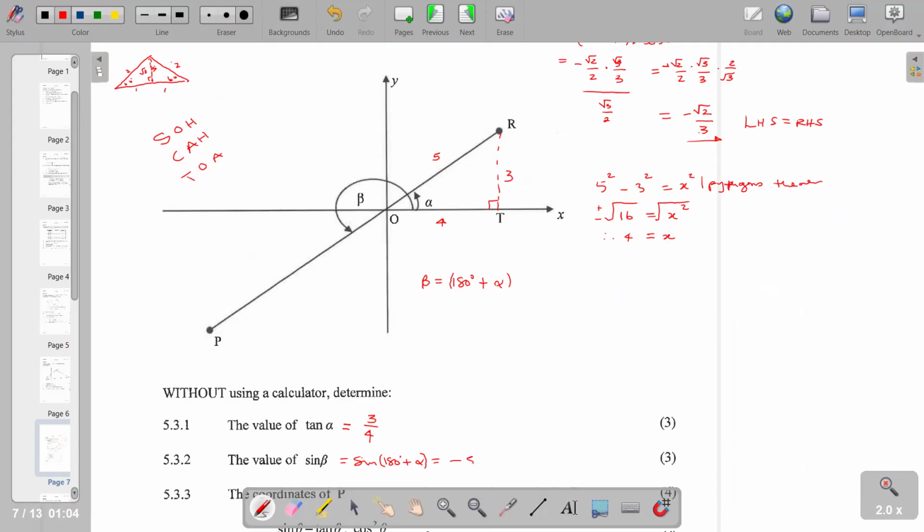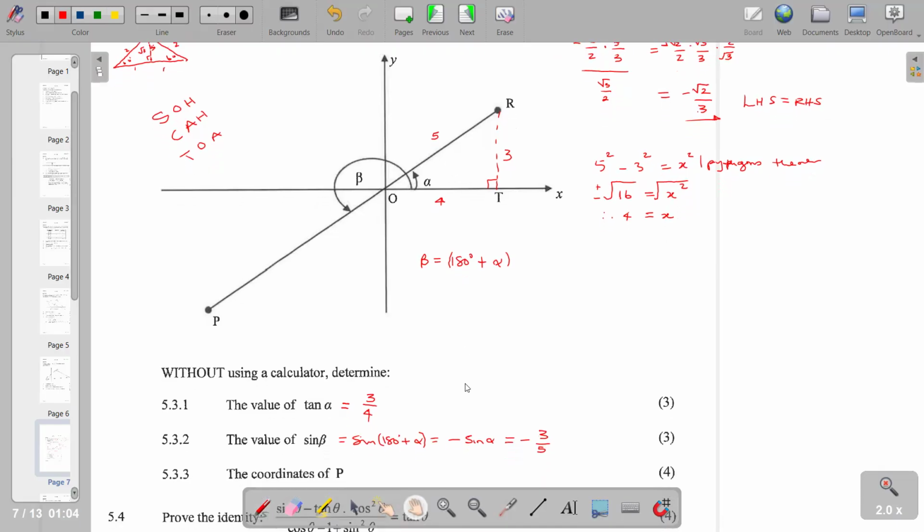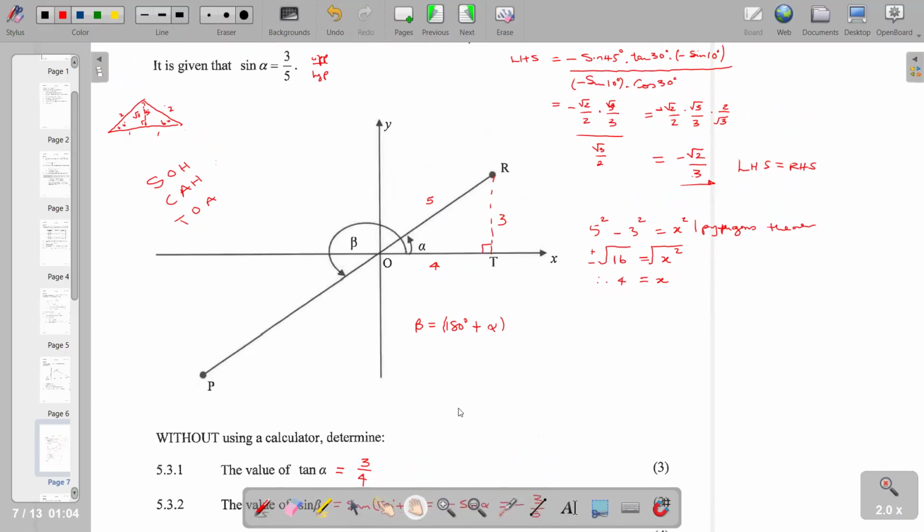Then it means it's going to be negative sine alpha, which is equal to negative sine, its opposite, which is 3, over hypotenuse, which is 5. So eventually our answer is negative 3 over 5.